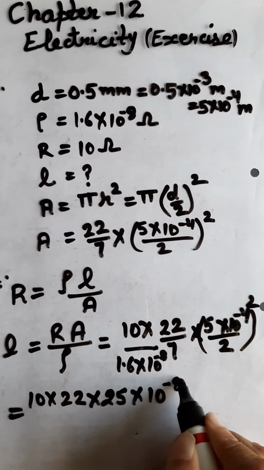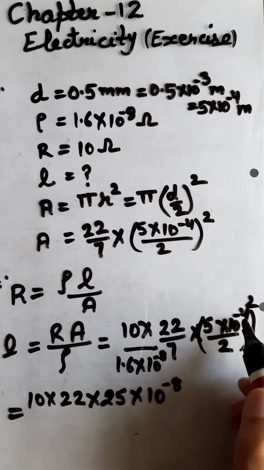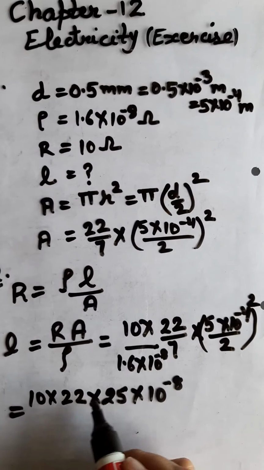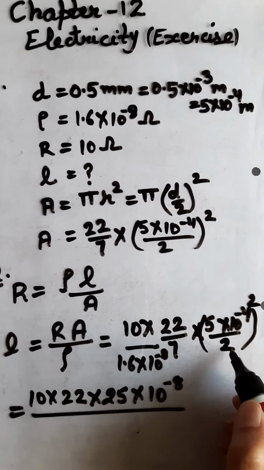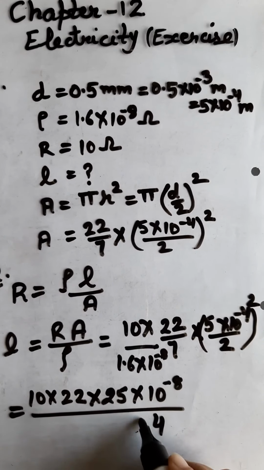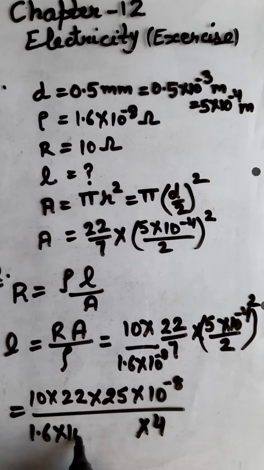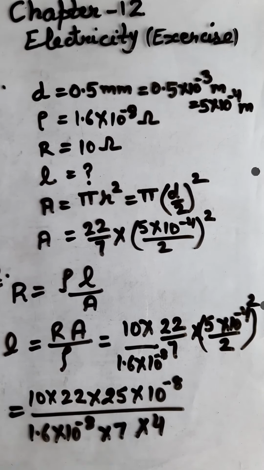So it will be 10 to the power minus 8, because if we have a power of a power, then we simply multiply: 4 into 2, 8. Divided by 2 square, that is 4, and this value, 1.6 into 10 to the power minus 8, multiply this 7.